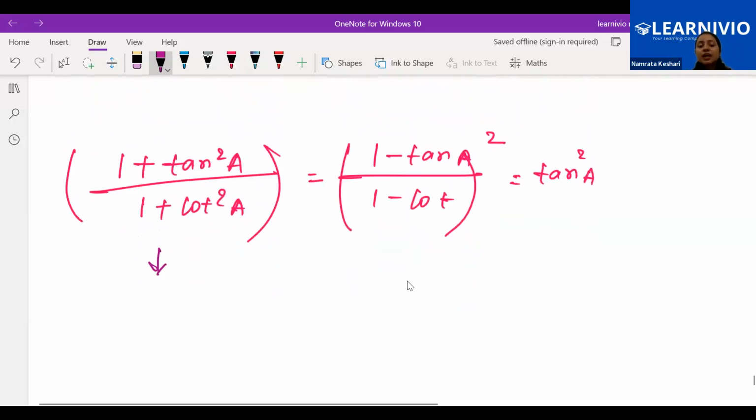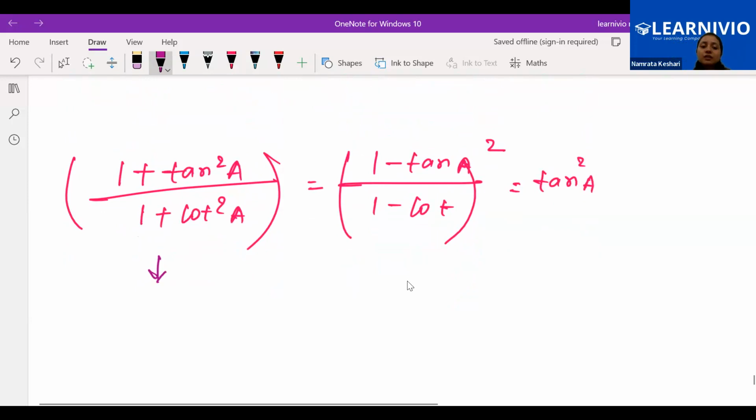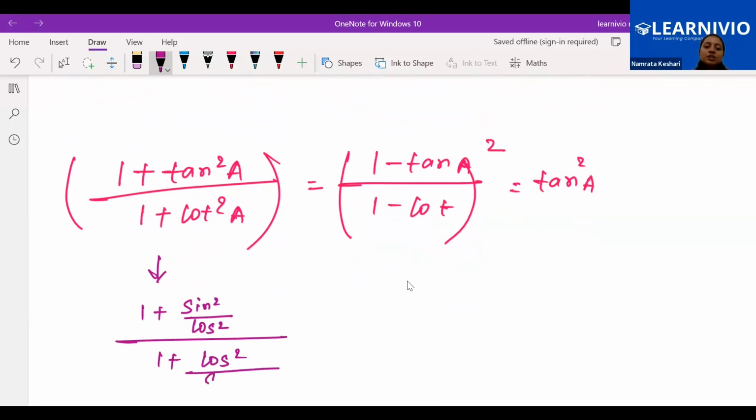1 plus tan square by 1 plus cot square. So 1 plus sin square by cos square. We'll be doing it quickly because now we are pro at it. We have done so many questions. Cos square is the LCM, and A will be there, of course. If I am not writing A, you should write it. You should not avoid writing A since I am doing it quickly. Here we'll be having cos square A plus sin square A, which is nothing but just 1.